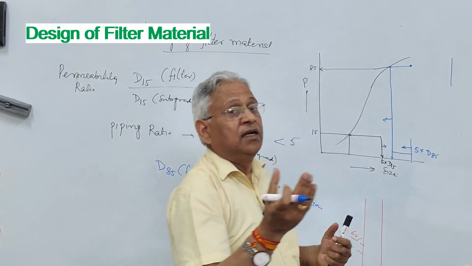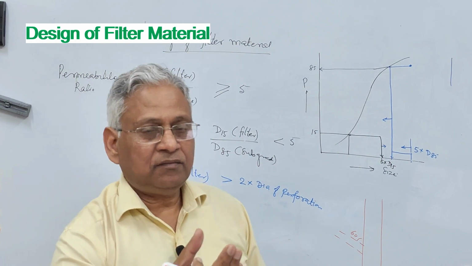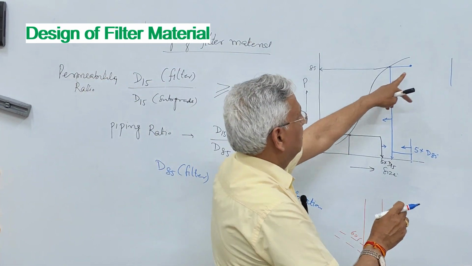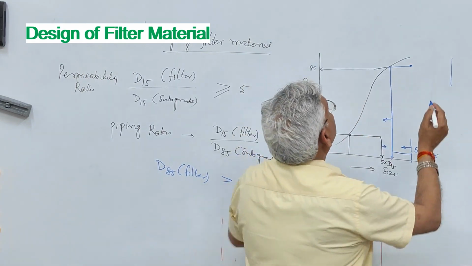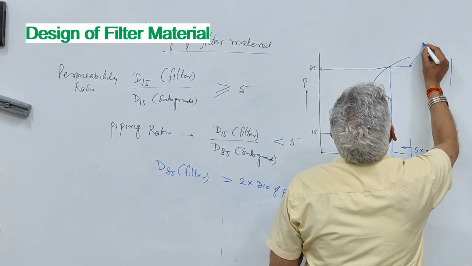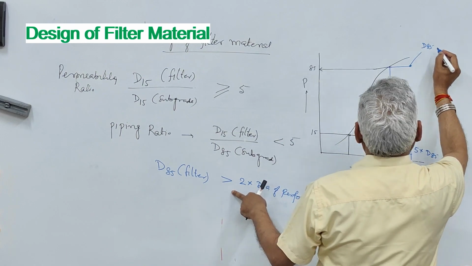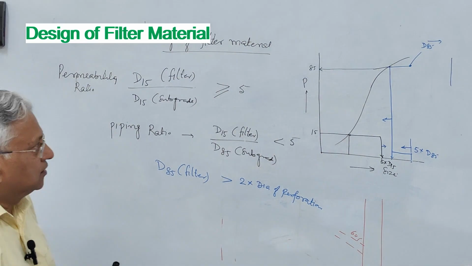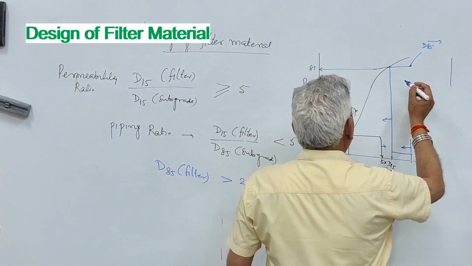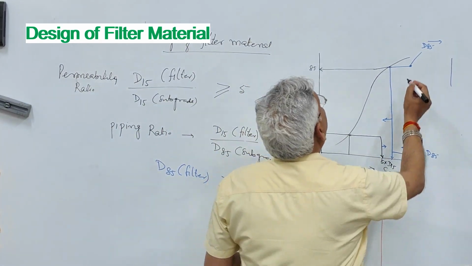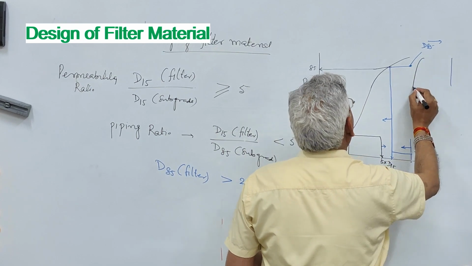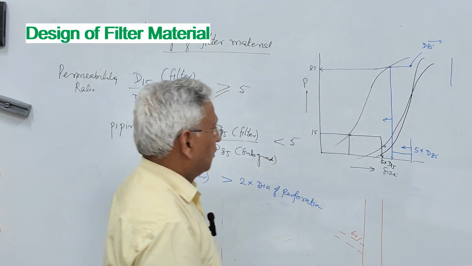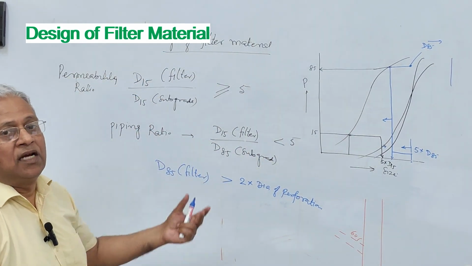Let us say if you have a 10 millimeter diameter of perforation, then 20 millimeter. So D85 will be here and should be more than this side. So any curve you draw which is beyond this and within this is basically your design of filter material.